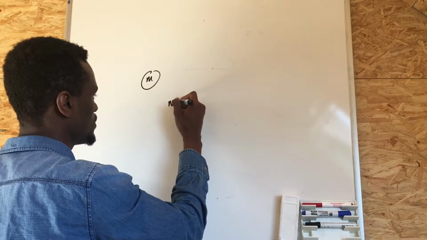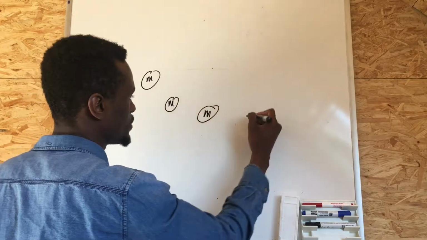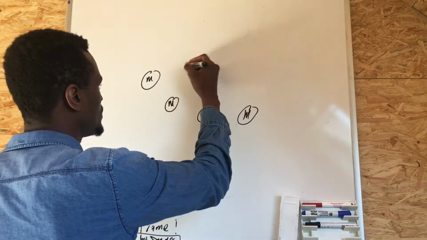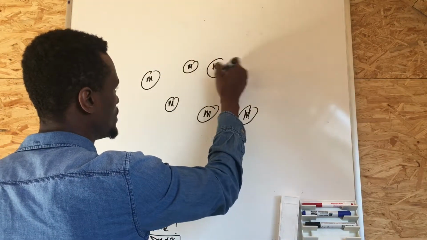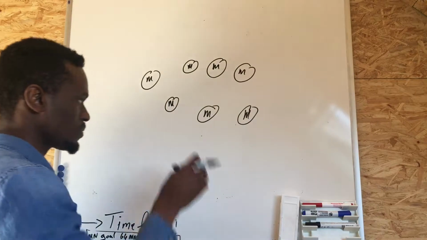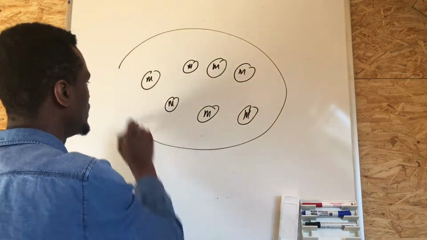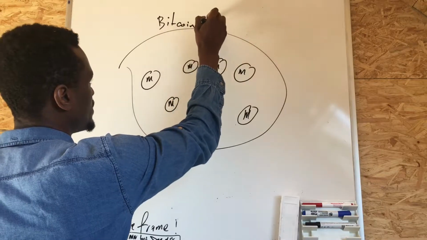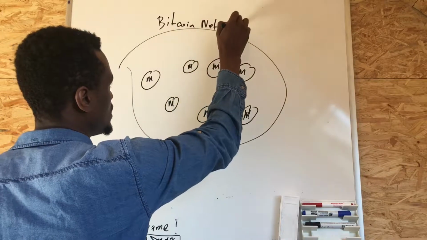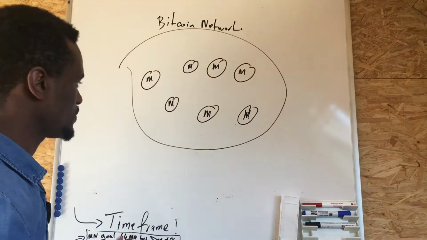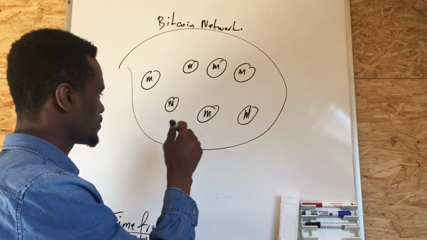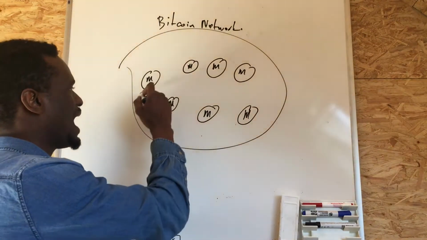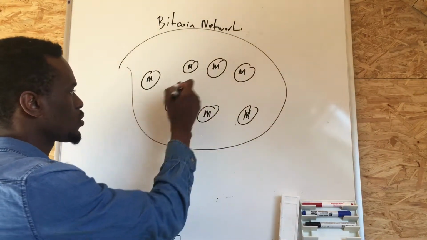Let me just say you have miners, all nodes, and all this represents the Bitcoin network. Yes, let's just say this is a Bitcoin network. So now, in this network, everybody has to play nice, right? So how do they all come into consensus?